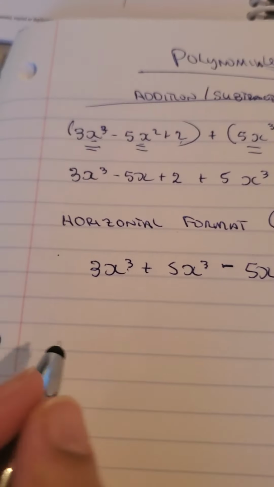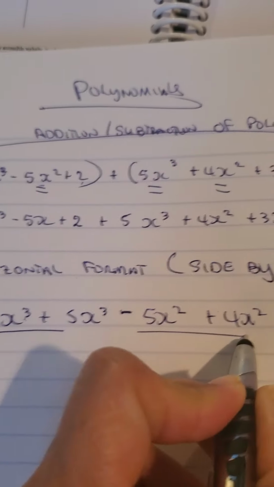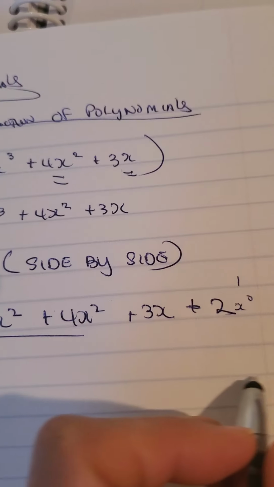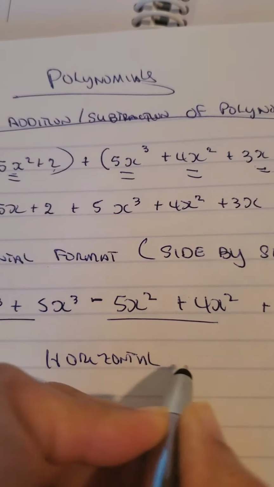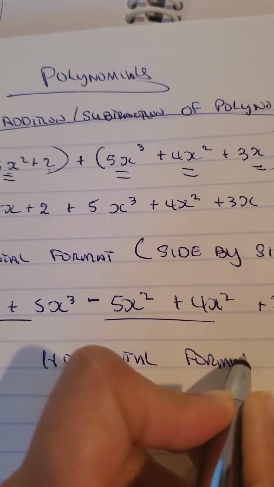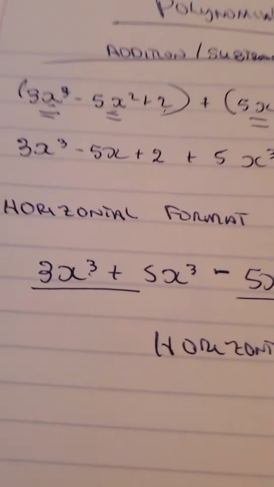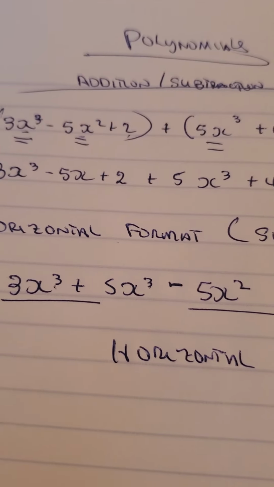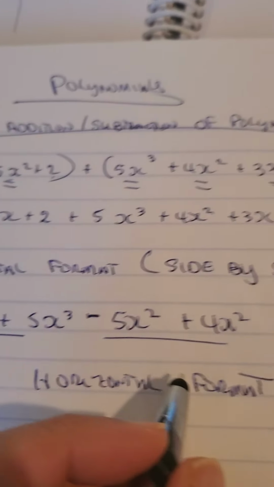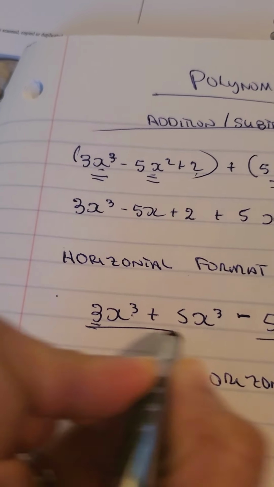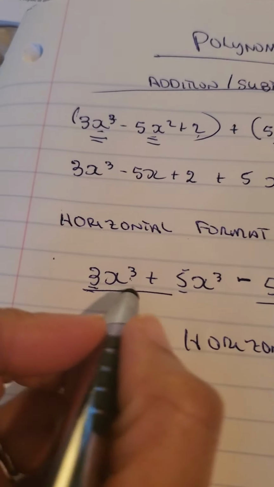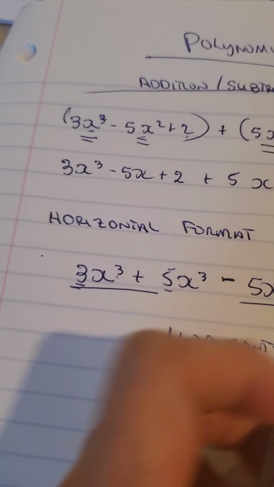Now here we have the like terms next to each other, and this is called the horizontal format.